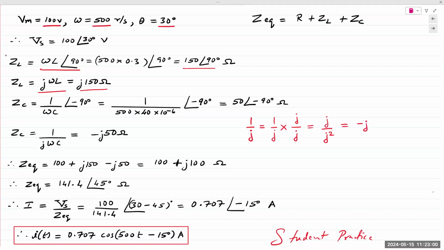So the reciprocal of the imaginary number is the negative imaginary number. 1 over j is minus j. That's where it comes from. So capacitor impedance, ZC, 1 over j omega C, is minus j over omega C. In the polar coordinate system, it's 1 over omega C with an angle of minus 90.